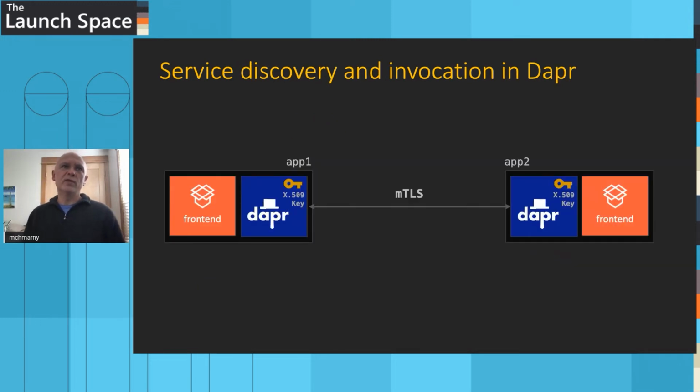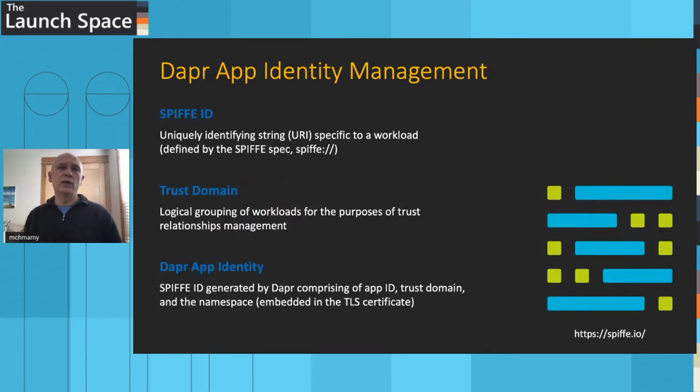So we talked about the fact that Dapr has this notion of a sidecar. These applications are defined by their ID. So we have app1, app2. We talked about the fact that Dapr uses mTLS automatically to communicate between those. In addition to that, Dapr is leveraging the SPIFFE specification, or protocol, which defines the identity of the application in a URI format.